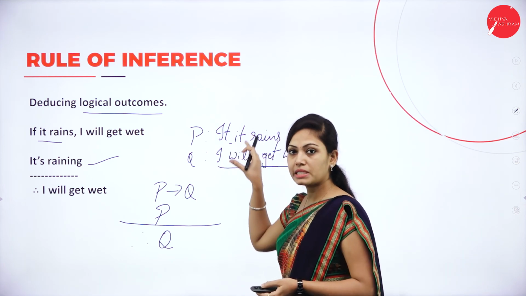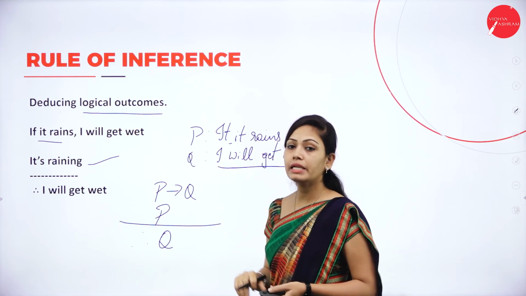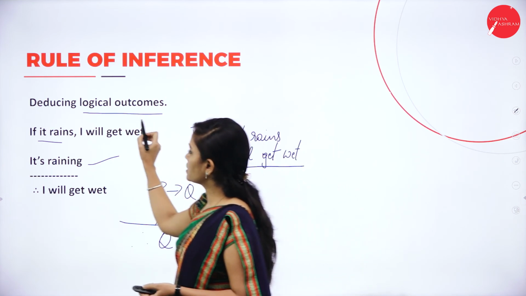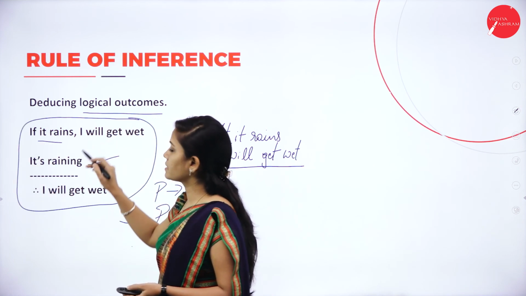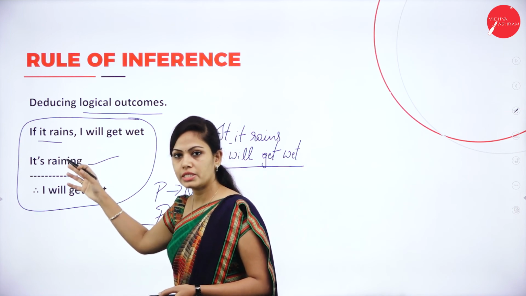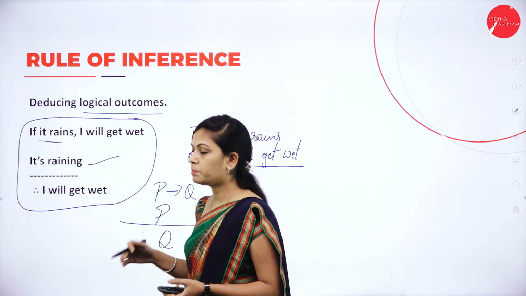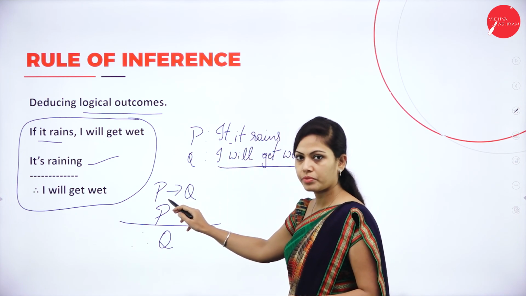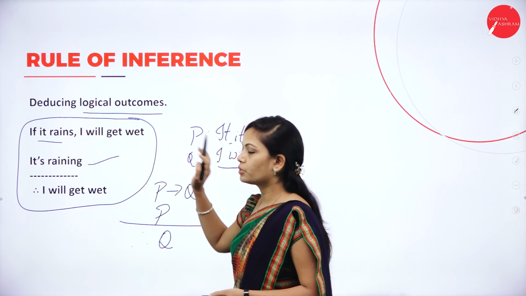So we can represent this with the help of logical implication. You just observe this example. Sometimes in exam, they will give a statement and ask: write the logical implication for this statement. If it rains, that is the statement P, then I will get wet.